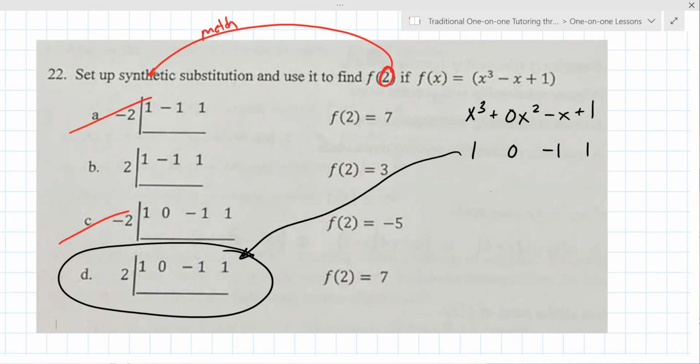Where'd it go? No, there it is. Nope. Okay.